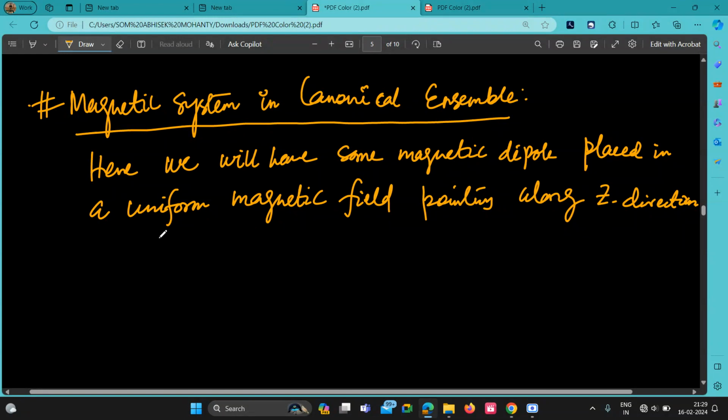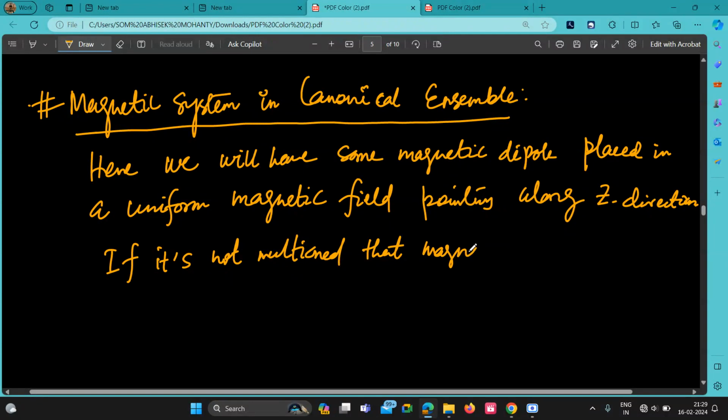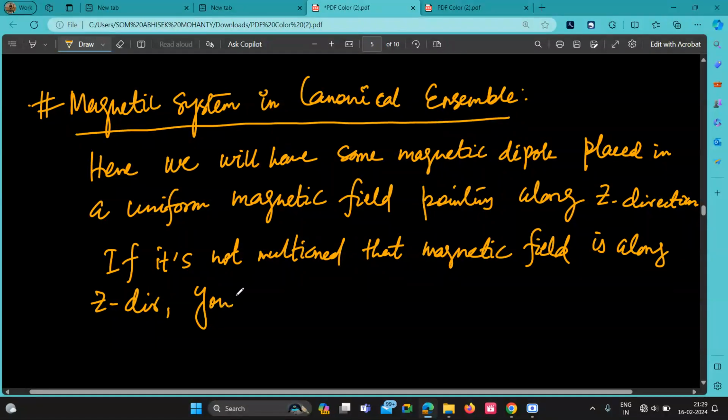See, if it is not mentioned in the question that the magnetic field is along z direction, you have to consider it yourself.